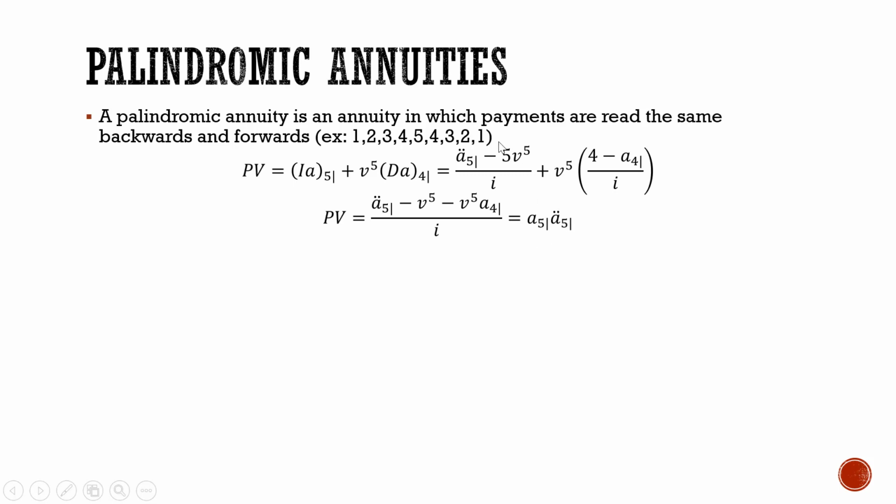By the way, this is for annuity immediate. But if we have an annuity due, this becomes a double dot 5 whole square.